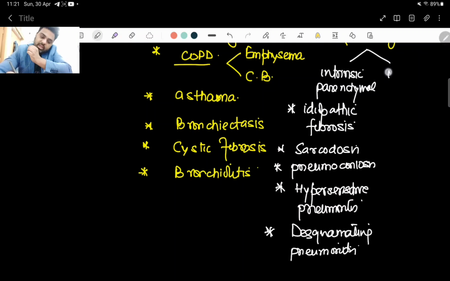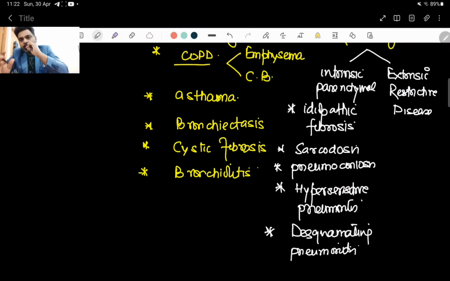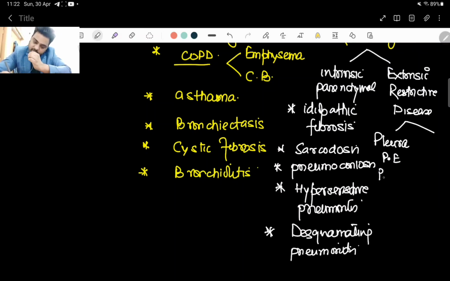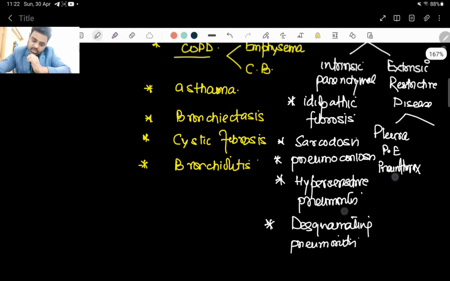Now, we have the extrinsic restrictive diseases. Extrinsic restrictive disease means that here the involvement is of the pleura or structures outside the lung. If we talk of the pleura, we have pleural effusion, pneumothorax, then we can have mesothelioma.